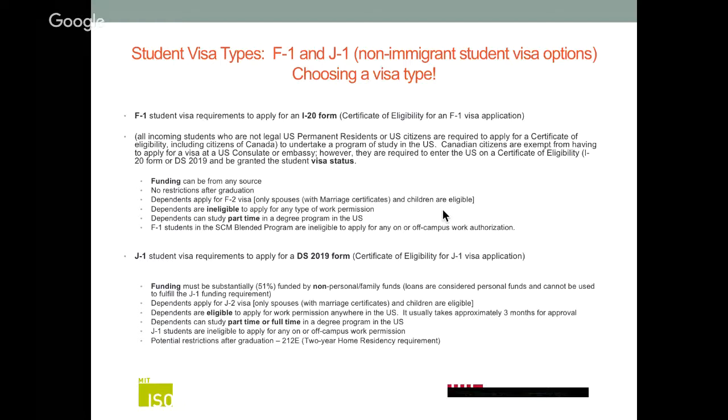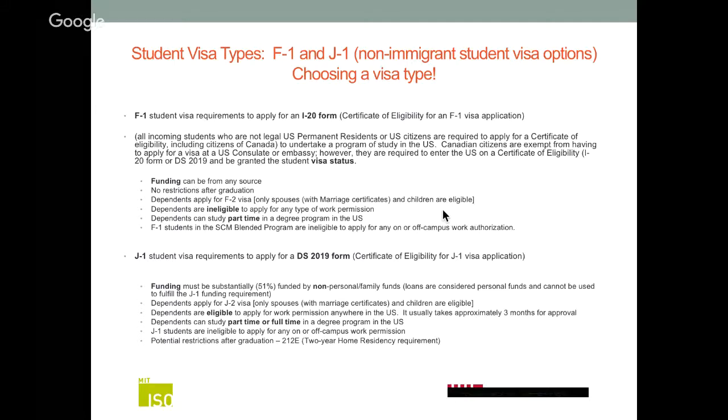The F1 visa, as I said, is the simpler of the two. And the funding, it can be any source of funding. It can be personal funds, family funds, relative, company funds, government funds, from any source whatsoever to apply for the I-20.